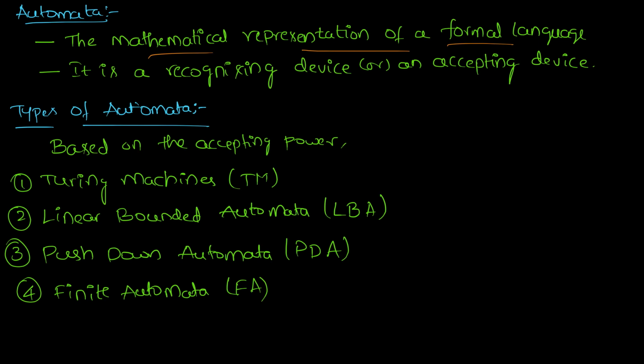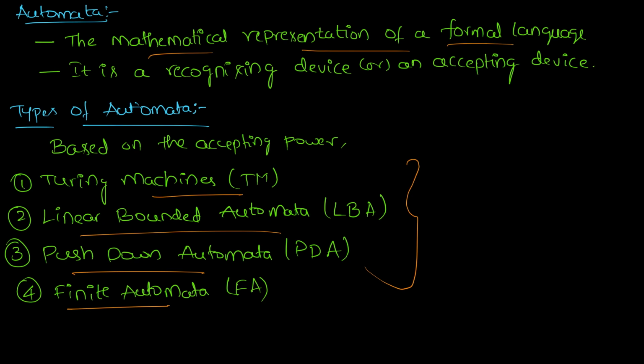Based on the accepting power, we classify automata into four types: Turing machines, linear bounded automata, pushdown automata, and finite automata. These are the machines through which we can recognize, accept or reject any particular language which we have talked about earlier.